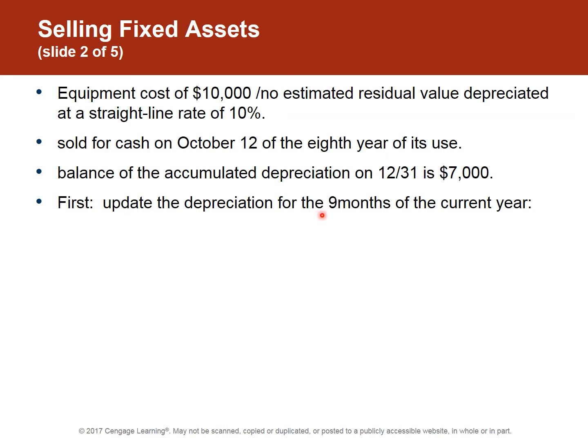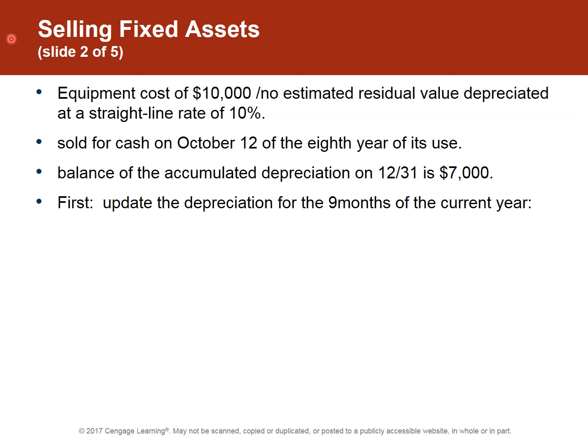So first, we have to update for 9 months. You should be asking yourself, why 9 months? That's because January through the end of September, we don't have a half a month or more, so we're going to go January through September. We're going to update for 9 months of depreciation expense on this asset that currently has a book value of $3,000, but it's going to have less once we update this depreciation expense.